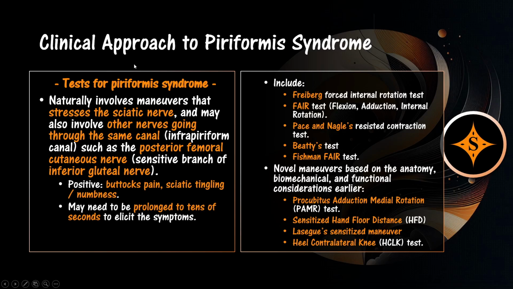These tests are more useful if you combine them with each other because the muscle fibers of the piriformis muscle that is attached to the greater trochanter of the femur, they are actually intermixed with fibers from gemelli muscle, internal obturator muscle, and gluteus medius muscle, and it makes it hard to determine out of those three muscles which one is actually causing the pain.